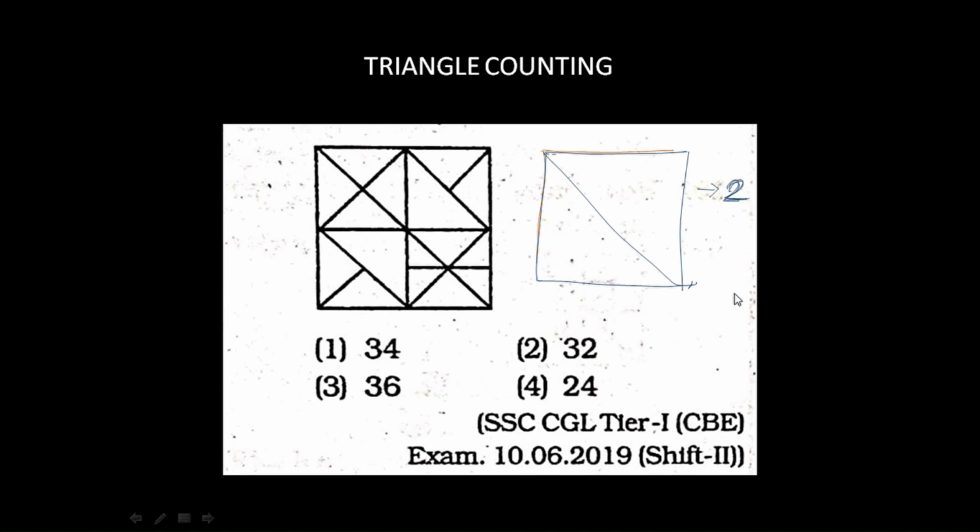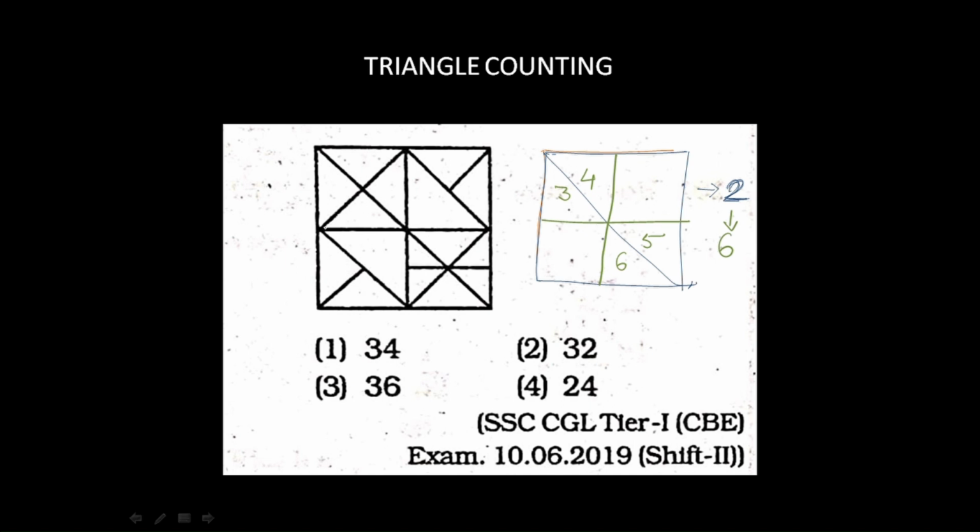Next, it is divided into more parts. It is divided like this. So how many parts are there? 2, 3, 4, 5 and 6. So 6 parts now.